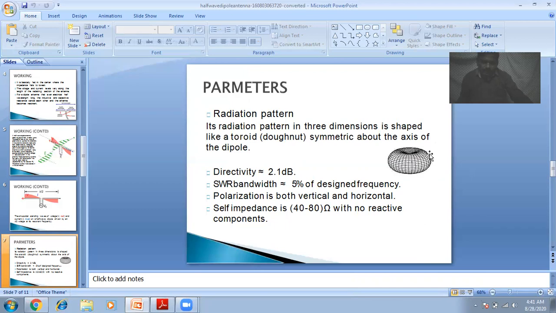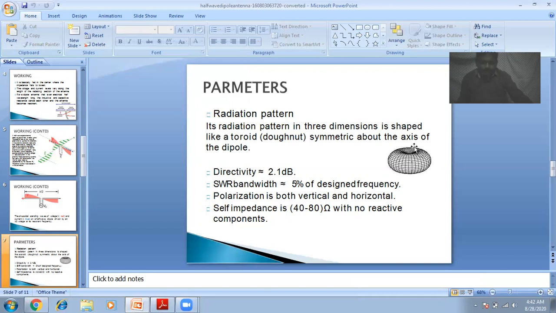It is becoming maximum here and becoming minimum there. In this way, the variation of the field is non-uniform. Therefore, in the vertical direction there is a non-uniform field, and in the horizontal direction there is a uniform field. That type of radiation pattern is called an omnidirectional radiation pattern.